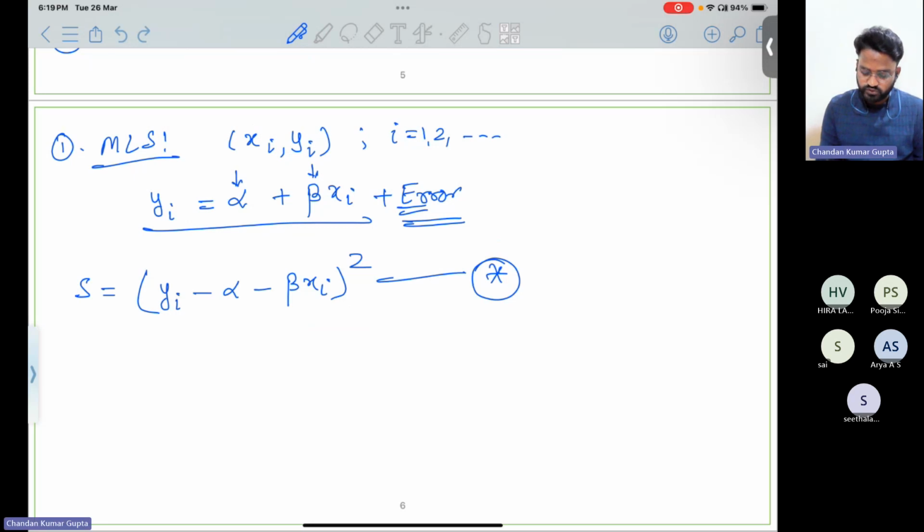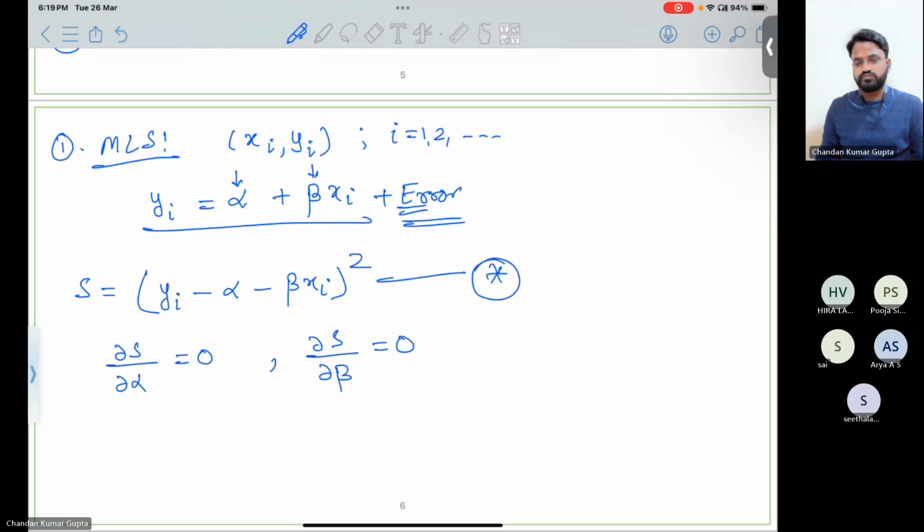So first is this, equate it to 0, and the second is this. These two are called normal equations. So in least square method, we minimize the square of error.